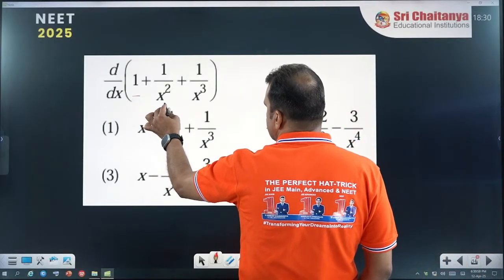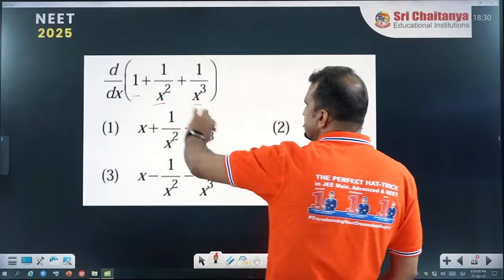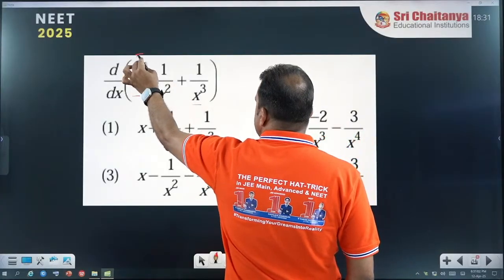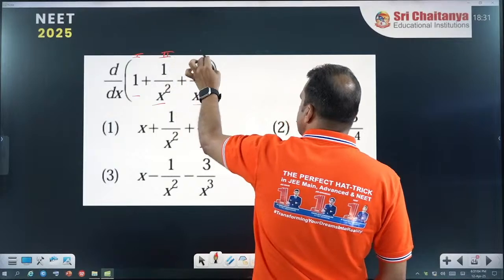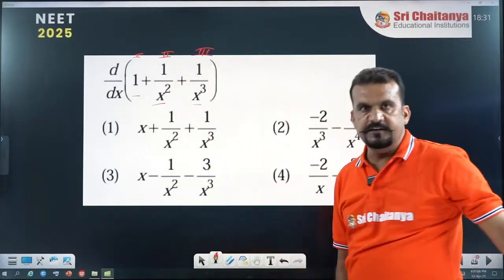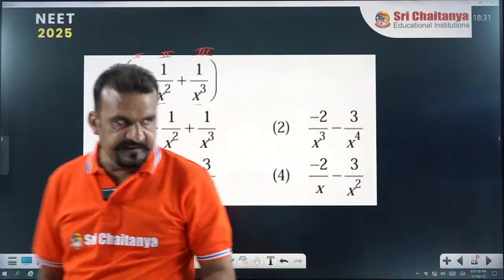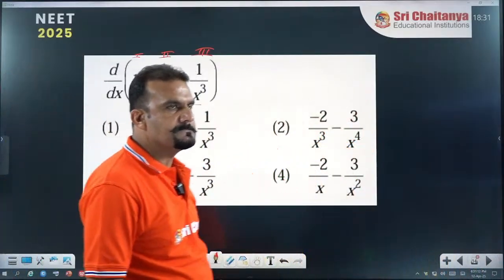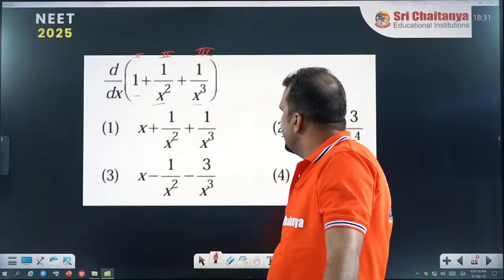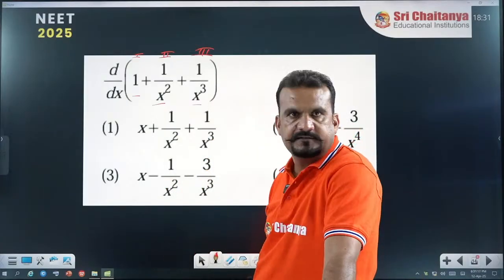1 plus 1 by x square, 1 by x cube. You can treat this as the first function, this is the second function, this is the third function. Three functions given in addition form, you differentiate all three separately. I think in this one, x power n is more than sufficient.